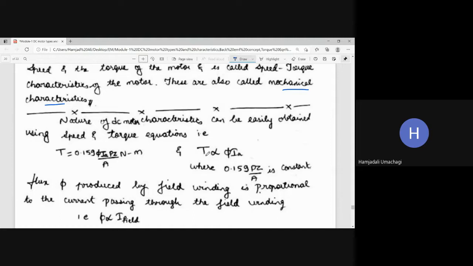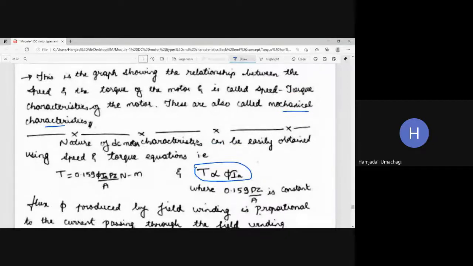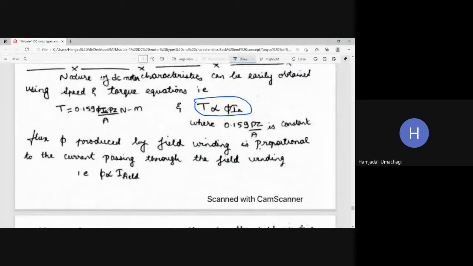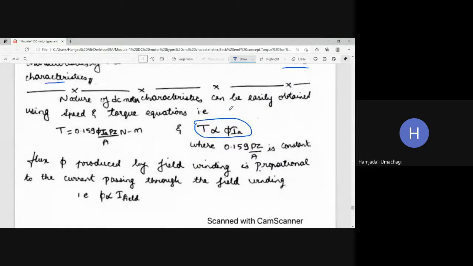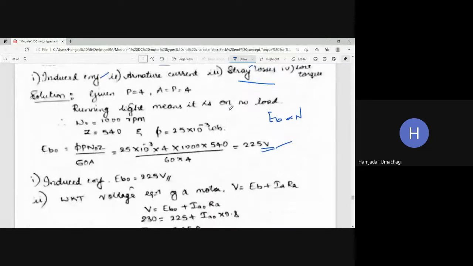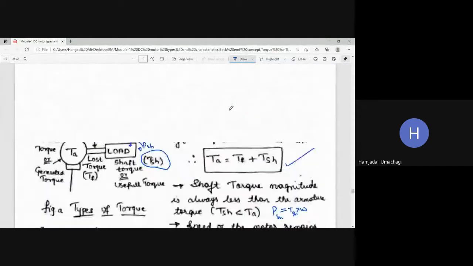And this equation plays a very important role in explaining the above characteristics, because the rest of the things, 0.159 PZ by A, are constant. Flux, as I told you, depends upon which type of motor you are dealing with.